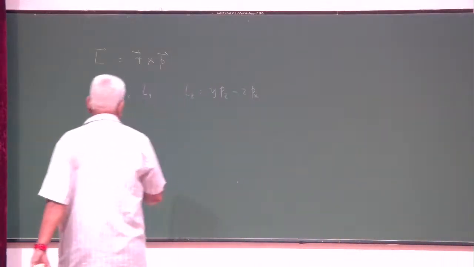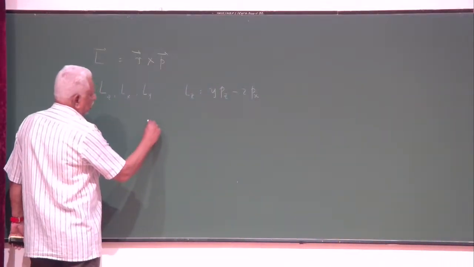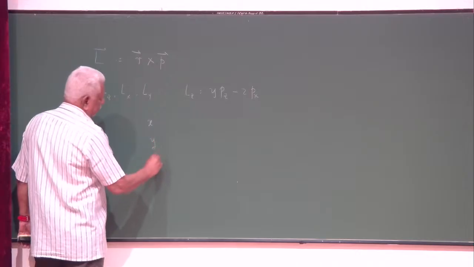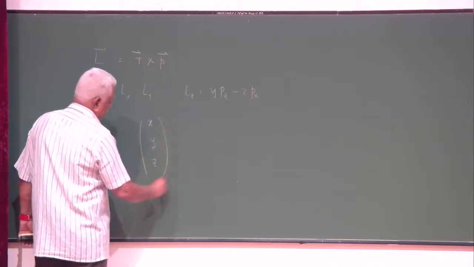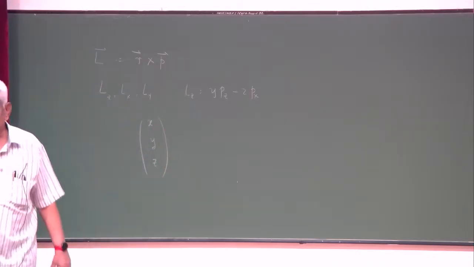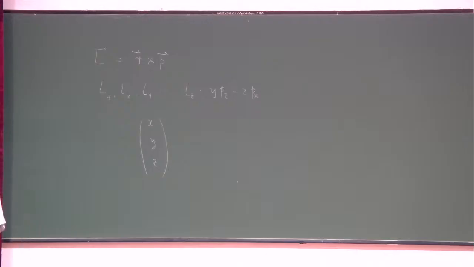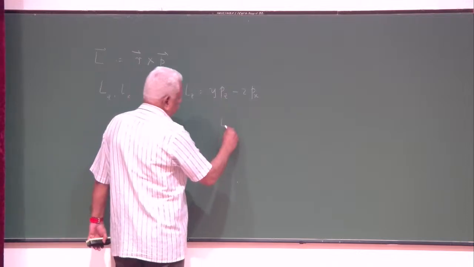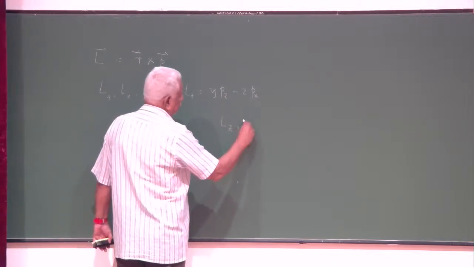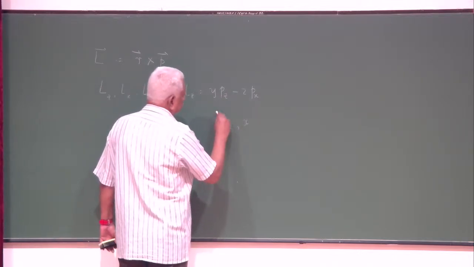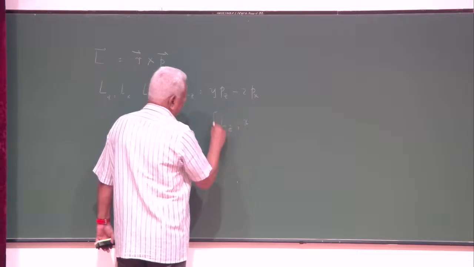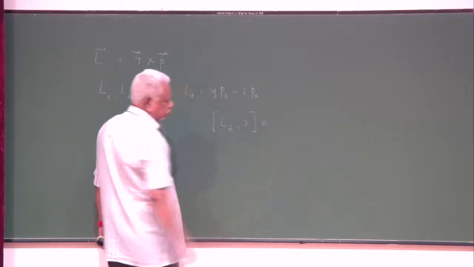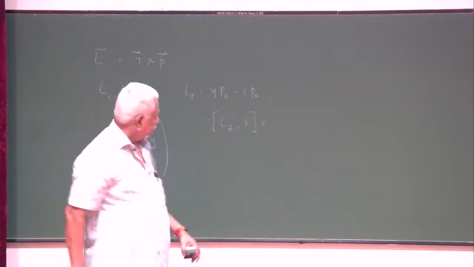Now, let me write x, y, z, the position operators, and then I can ask the question, what is Lz with Lx? I can construct that.